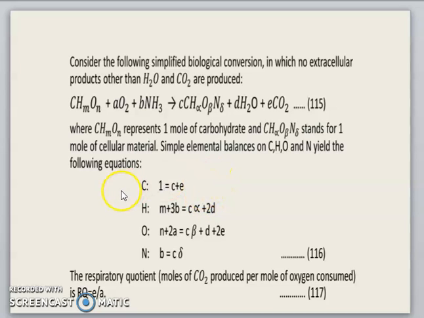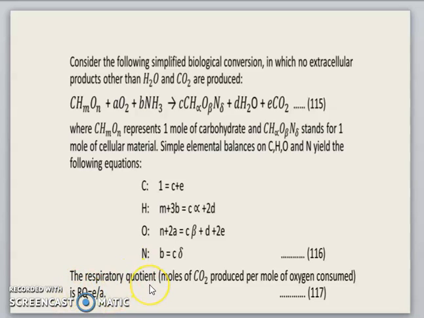For C, you can see from the stoichiometric equation, we have one C at the left side, and it will be equivalent to C of the biomass, plus E, the C in the molecule of CO2, followed by H, O and N.